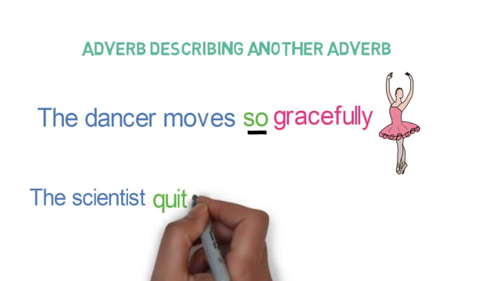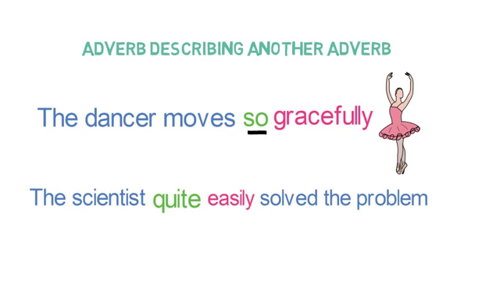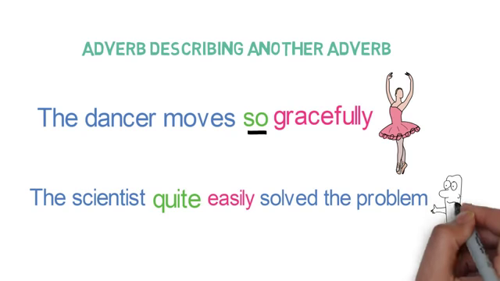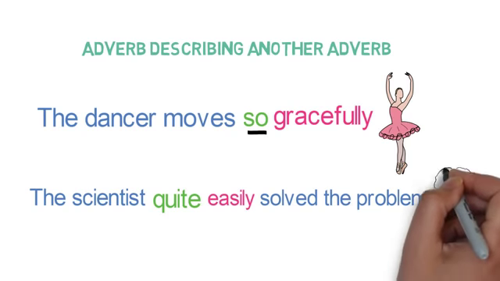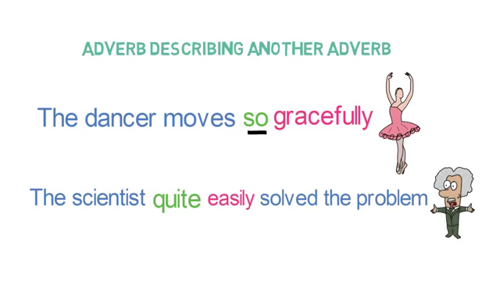The scientist quite easily solved the problem. Here, easily is describing the action of solving the problem. So it is an adverb. But the word quite is used here to describe the adverb easily. So quite is an adverb here and is actually describing another adverb, easily.